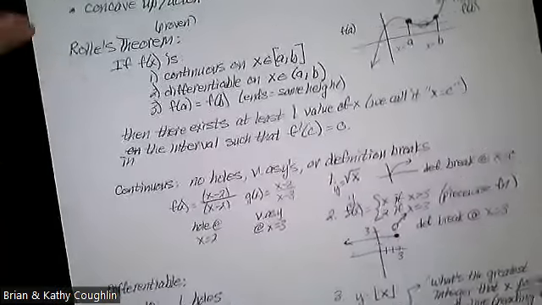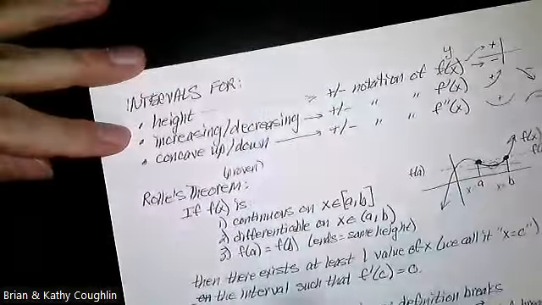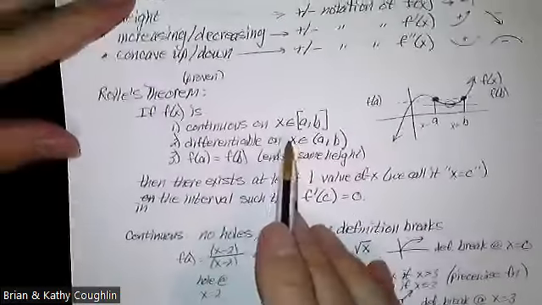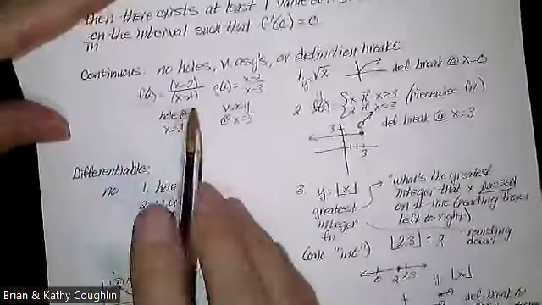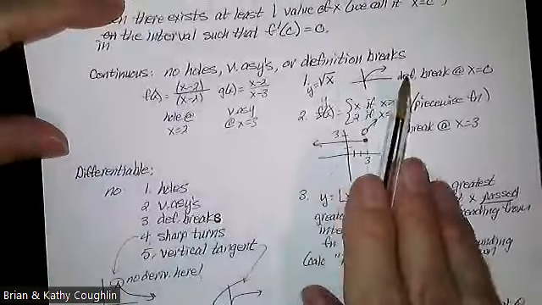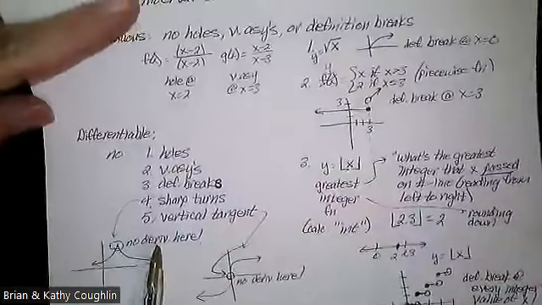But just as a summary, I wanted to give you an overview mainly of what does continuous mean, what does differentiable mean, and what are the cases where you could be discontinuous or not differentiable?